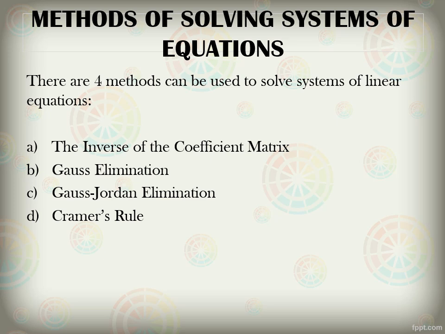So in matrices, once we transform our system of linear equations into matrices, there are four methods that can be used to solve a system of linear equations. The first one is the inverse of the coefficient matrix. We have learned the inverse matrix before, which is A inverse is equal to 1 over the determinant times the adjoint.